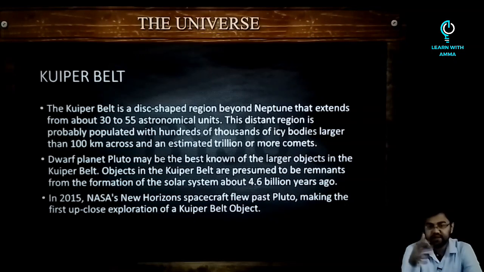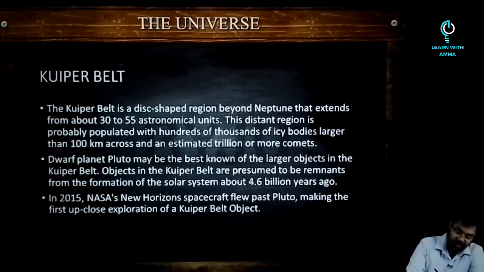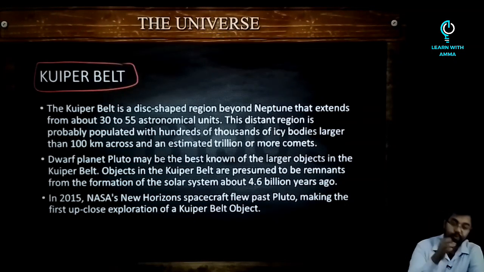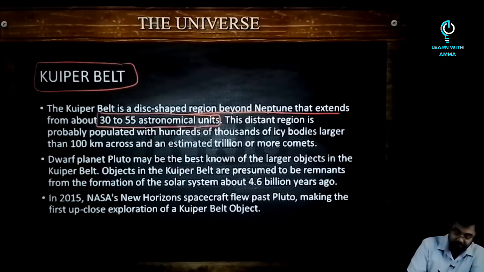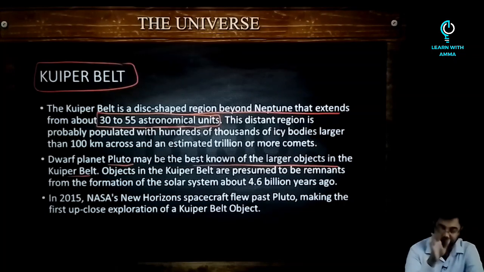The next set of celestial bodies are those that lie in the Kuiper belt. What is the Kuiper belt? It is a disc-shaped region beyond Neptune that extends from about 30 to 55 astronomical units. Pluto is the best known larger object in the Kuiper belt until now.